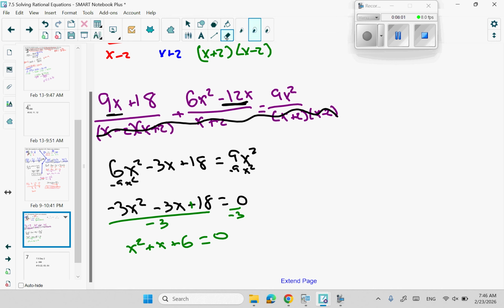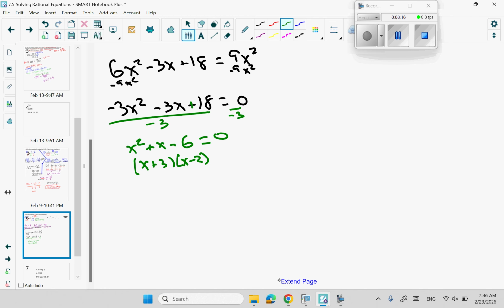So this is actually a -6. Multiplies to -6, adds to positive 1. That would be x plus 3, x minus 2. I can set them both equal to 0. So our potential solutions would be -3 and positive 2.